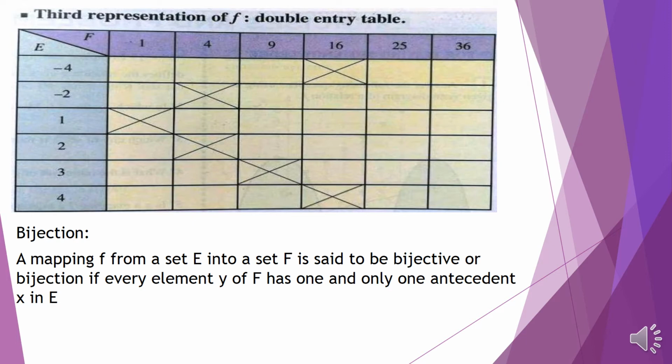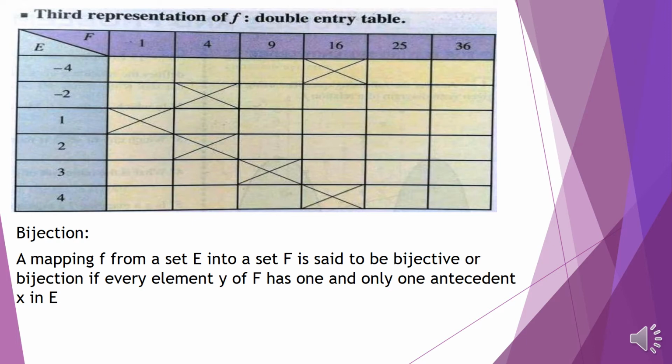A relation F, mapping from E into F, is said to be bijective, or a bijection, if every element Y of F, which is the final set, has one and only one antecedent X in E. Here we pay attention. In the mapping we only looked at the initial set, whereas here it is talking about F. We have two conditions.